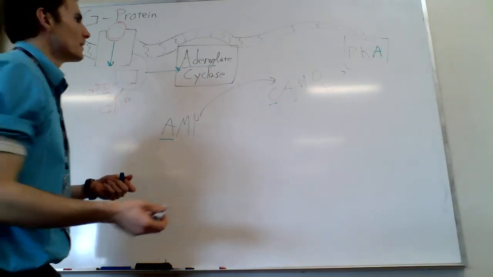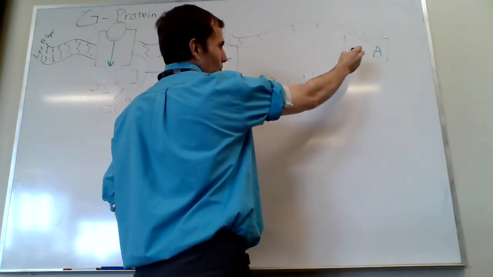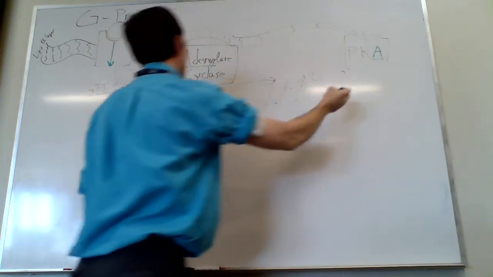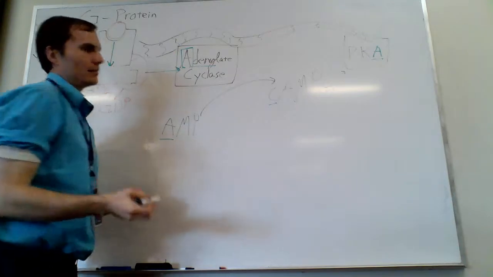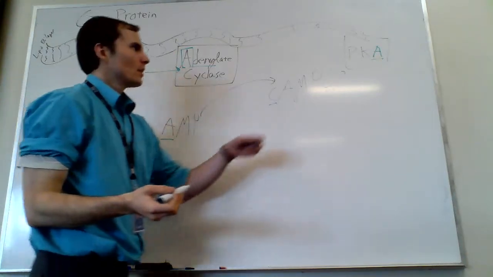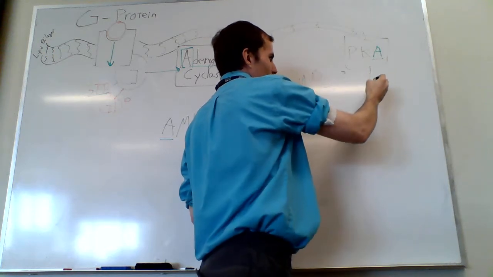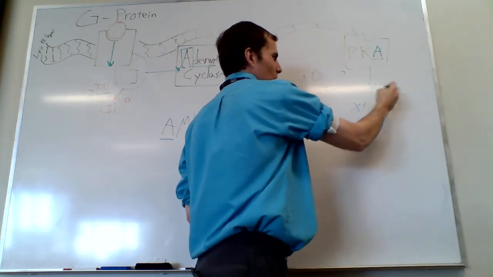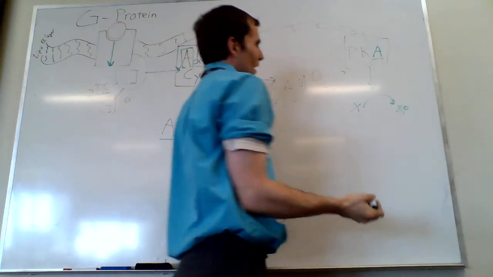Good job. All right, we move on to cyclic AMP talks to PKA. And you can remember A is always with Adenylate Cyclase, every time. Protein kinase A then takes a molecule, phosphorylates it or dephosphorylates it, and it's a kinase.